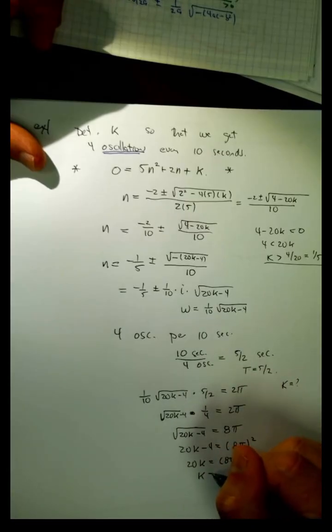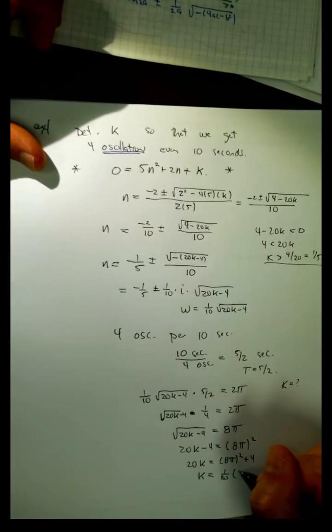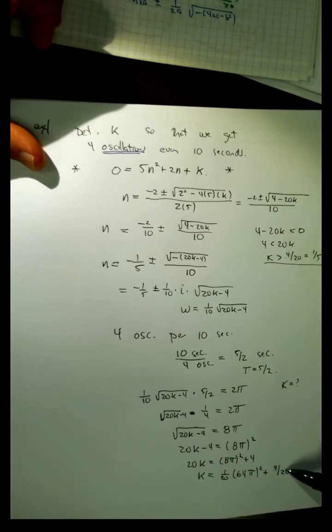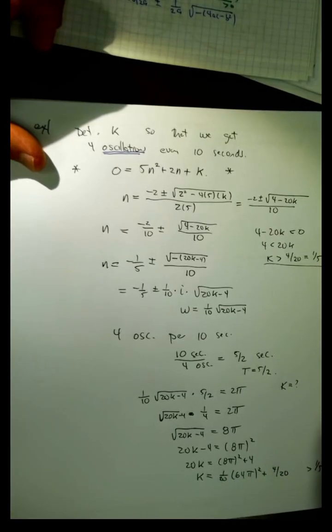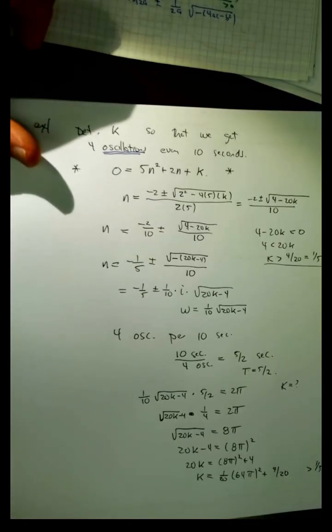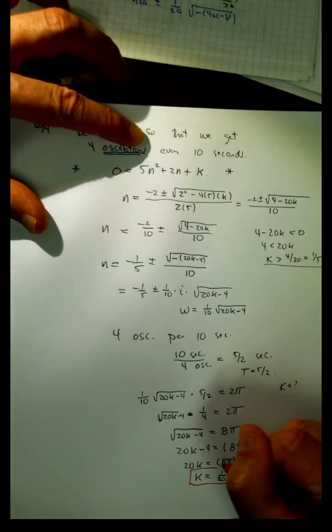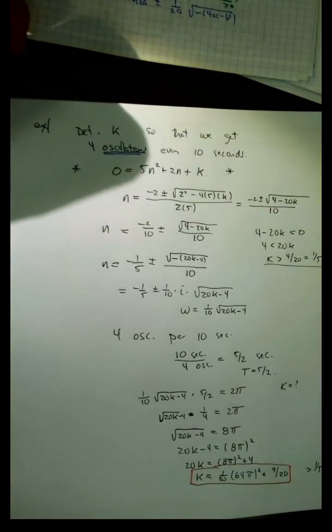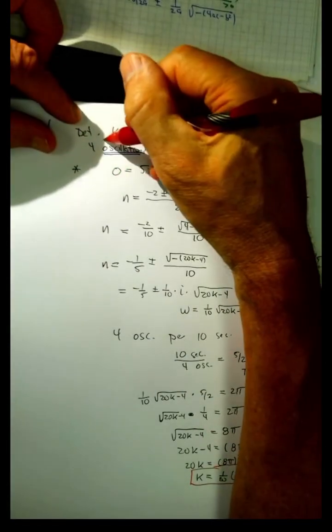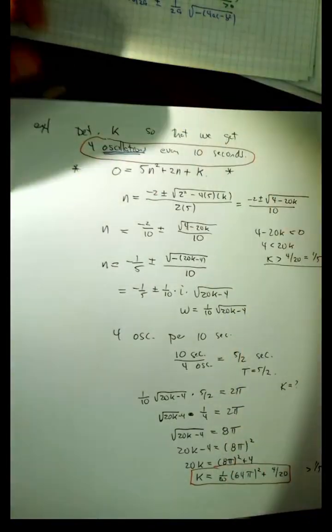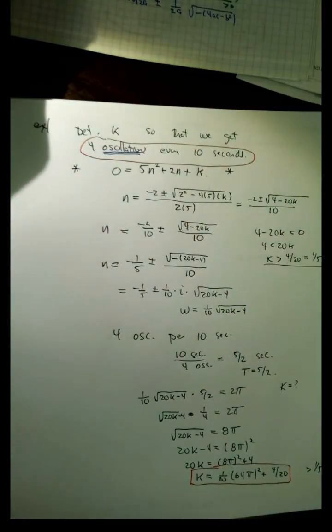And divide by 20. And notice this is 1/5 by itself plus this. So this is greater than 1/5. And so this time everything works and it's fine. And if I use a value of k equal to that, that should give me my design objective of having 4 oscillations every 10 seconds.